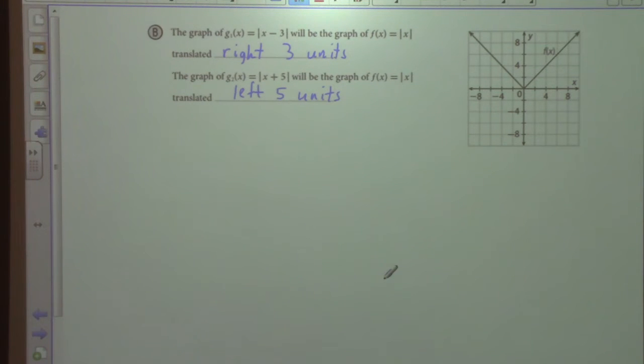The graph of g of x equals the absolute value of quantity x plus 5. That's how I would say that verbally. Let me say it again. The graph of g subscript 2 of x is the absolute value of quantity x plus 5.